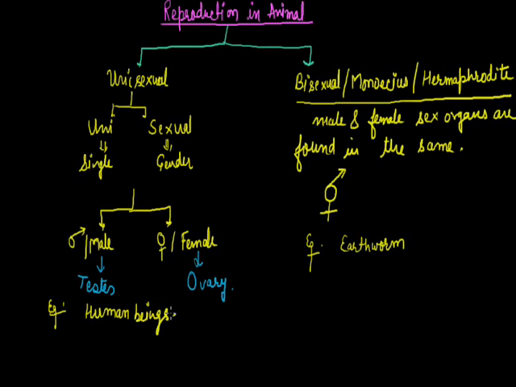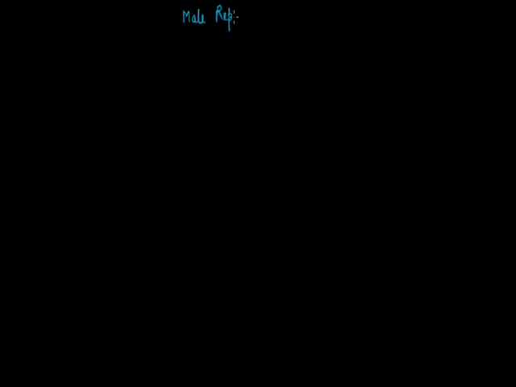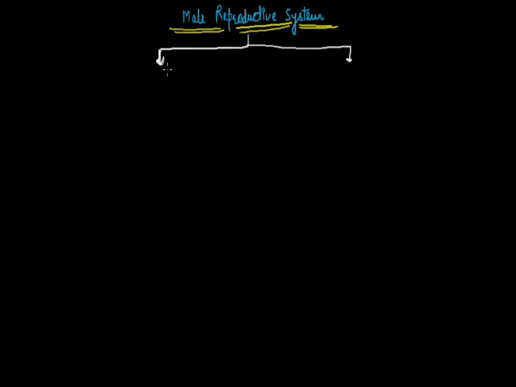Today we will discuss the male reproductive system. The male reproductive system is made up of two structures: the main reproductive organs, and the second one is the accessory organ or duct system.